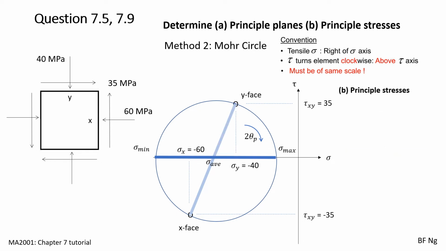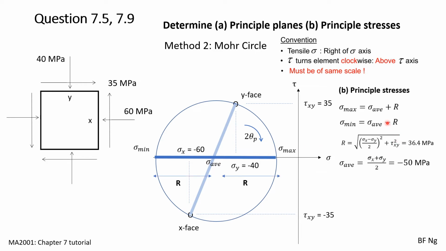For principal stresses, we have sigma maximum equals to sigma average plus the radius of the circle. Sigma minimum is sigma average minus the radius of the circle. As such, we'll need to find out what the radius is. Radius itself is given by this equation.